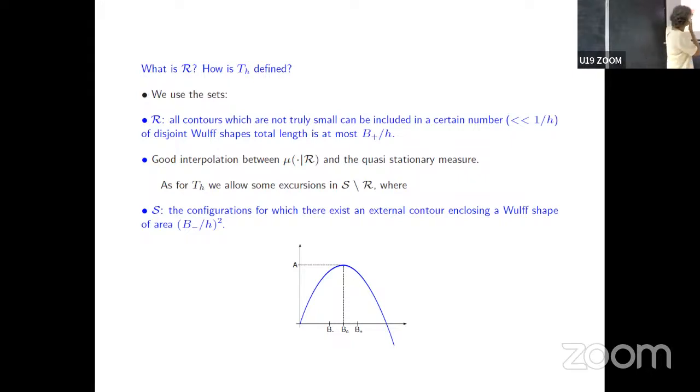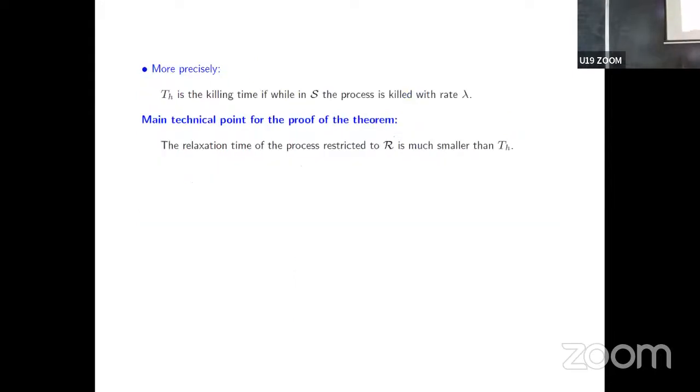There is always some Wulff shape, it doesn't disappear. And we allow it to make some excursions in the set S minus R, but I don't want to be too technical, it's somehow very close. In spirit, you might think that it is the time of going out of R with some little randomization. And that goes to an exponential. This is somehow what was prescribed in the pathwise approach.